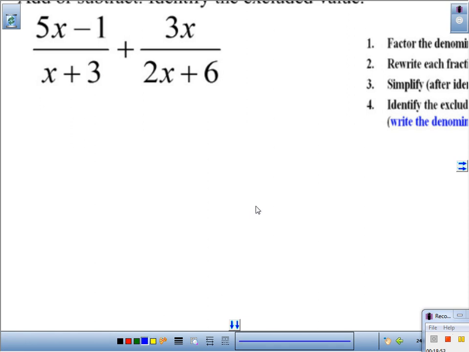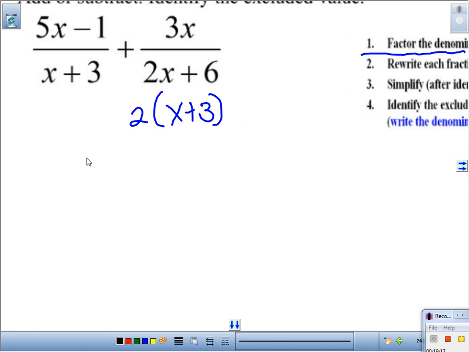All right, let's see. Step 1 says factor the denominators. So, Chelsea, can we factor this one anymore? No. How about this one? Yeah. What is the factor? 2 for the GCF, and we're left with x plus 3. That is correct. So I'm going to rewrite them again.